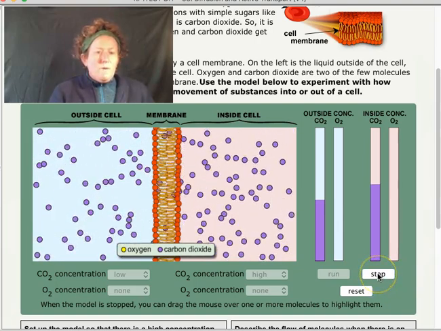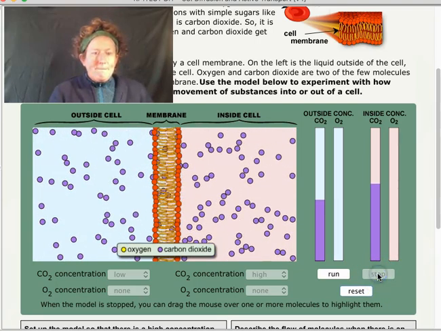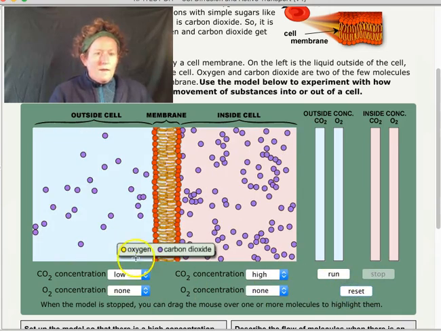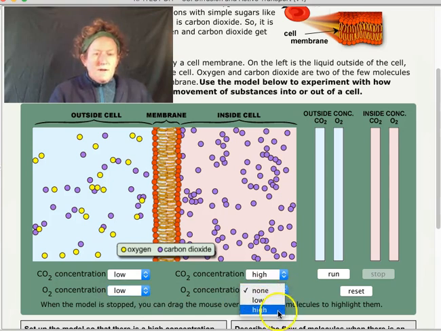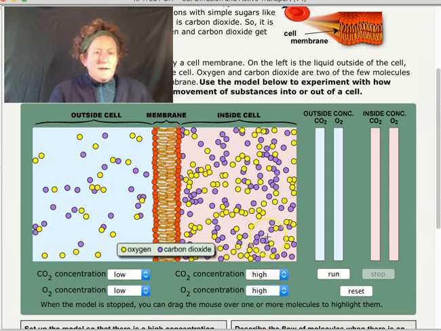Let's do one more experiment here. Let's put in a low concentration of oxygen and a high concentration of oxygen out here. And let's see if oxygen does the same thing as carbon dioxide.